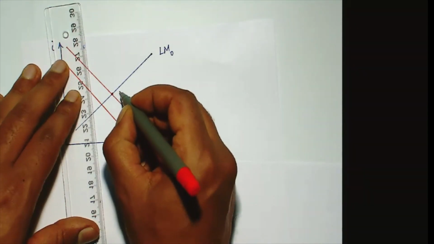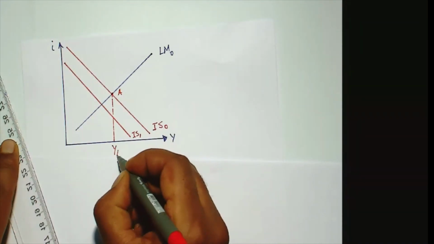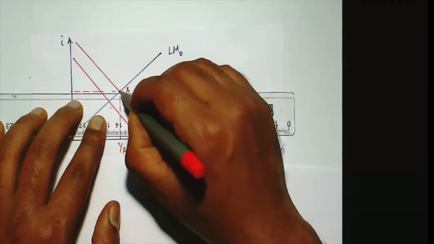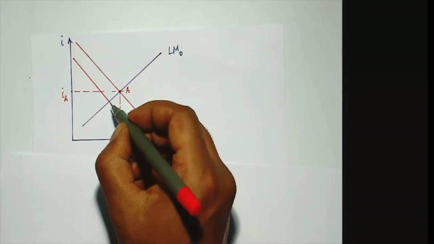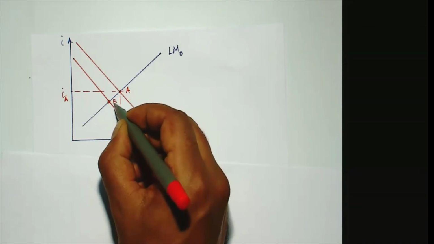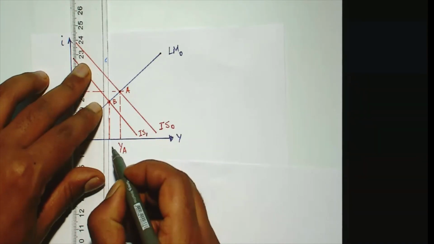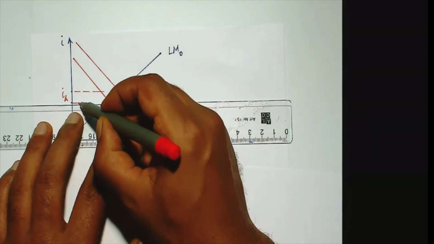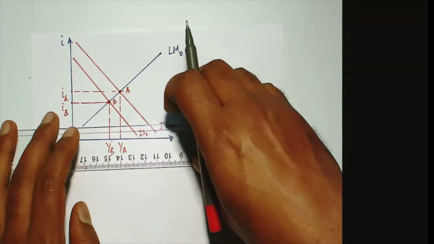So initially we had an equilibrium at A with an income level of YA and an interest rate level of IA, but now we have a new equilibrium at point B, which has a corresponding income level of YB and interest rate level of IB.